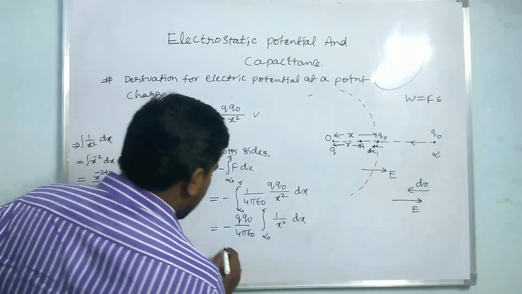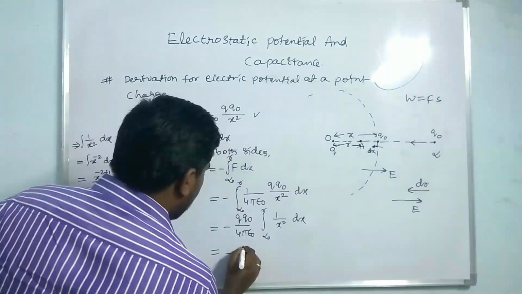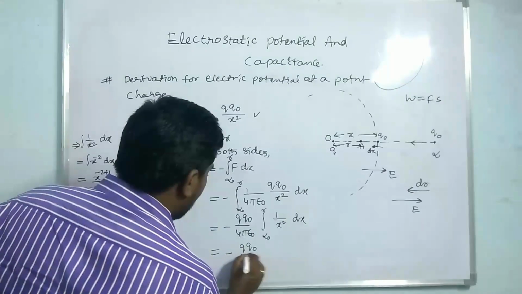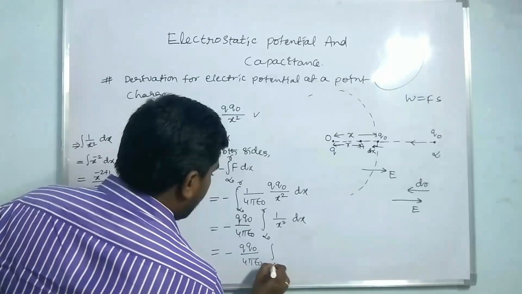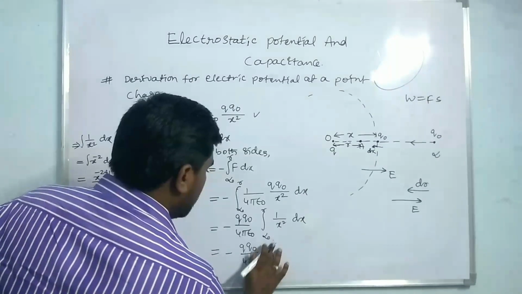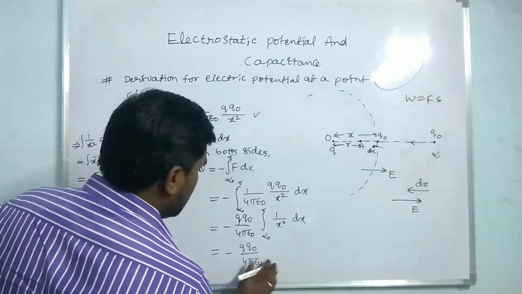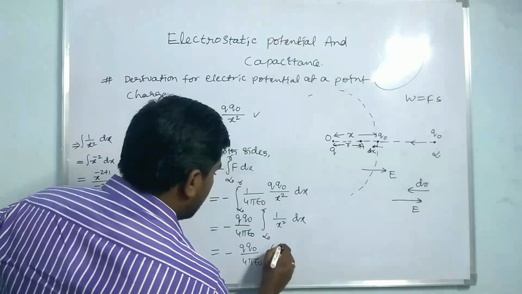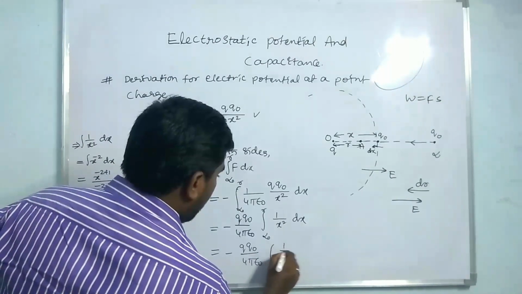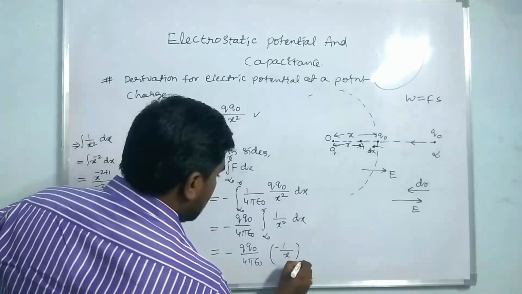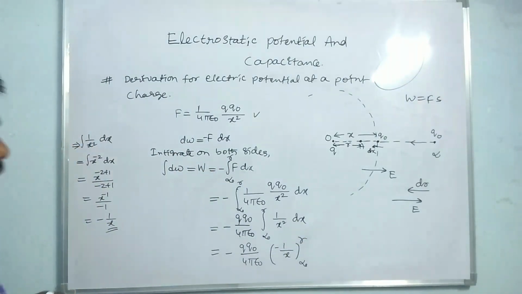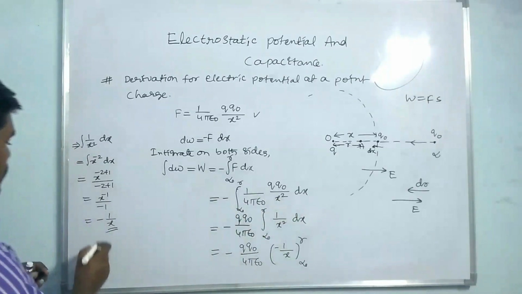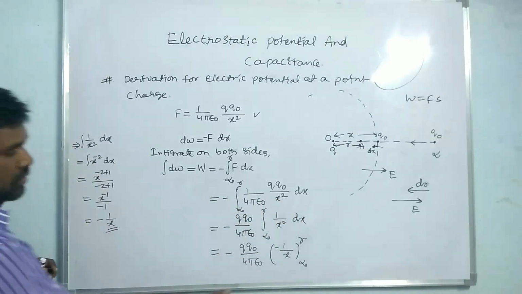So we get minus Q naught by 4 pi epsilon naught times the integral from infinity to R, where the integration of 1 by x square dx equals minus 1 by x. These are the limits.